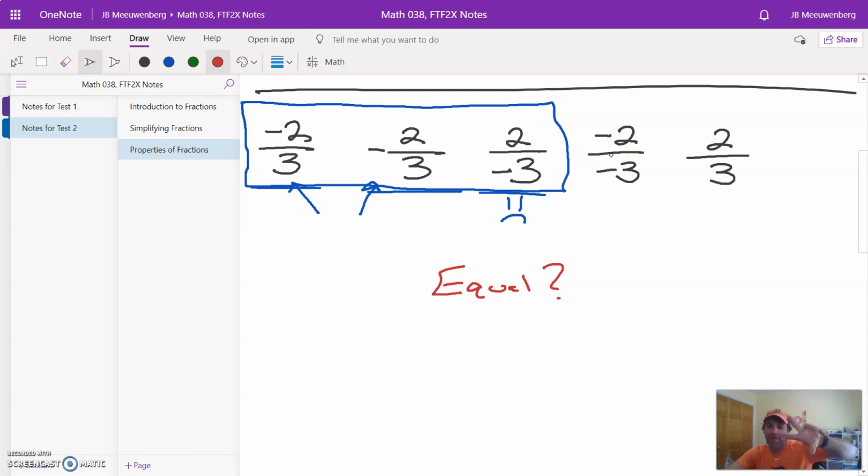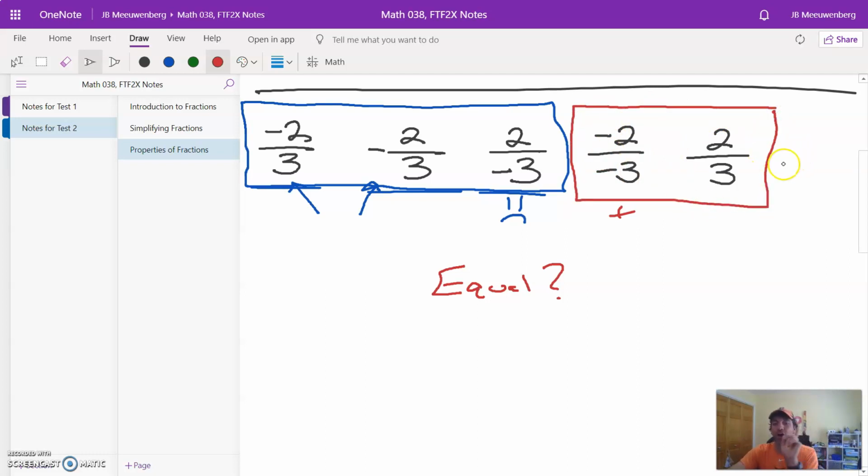And a negative divided by a negative is a positive, right? These negatives actually can cancel each other out. These two fractions are actually equal. These have a positive value, while these three all have a negative value.